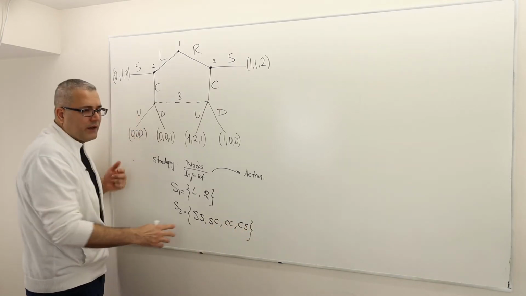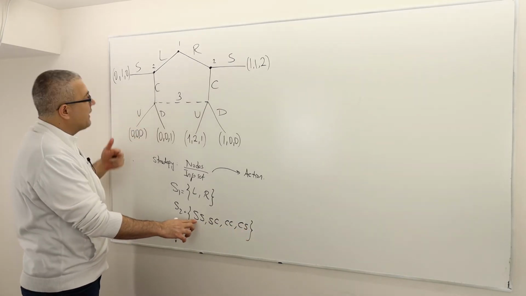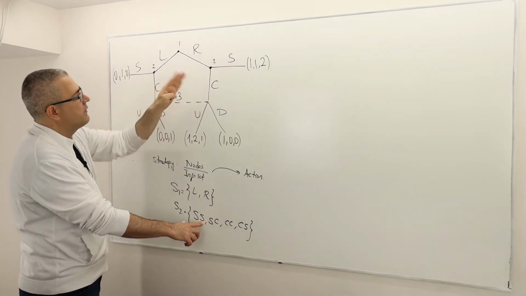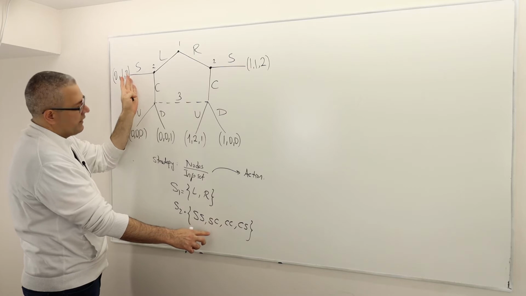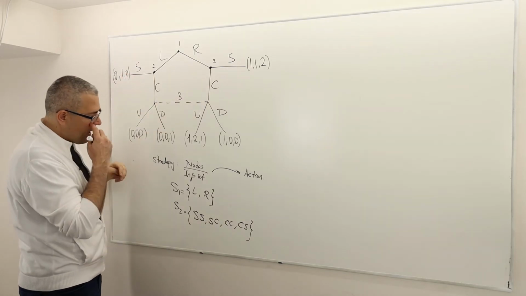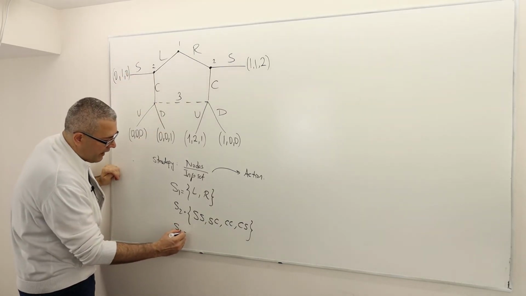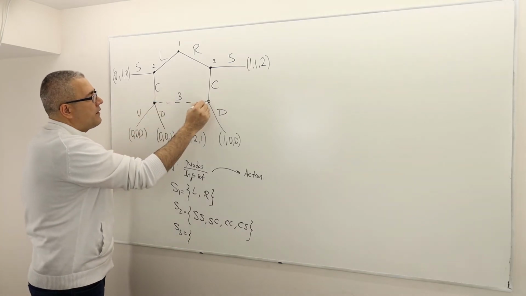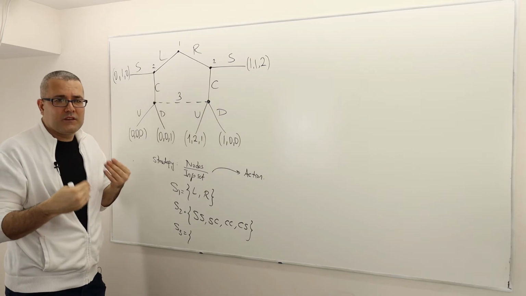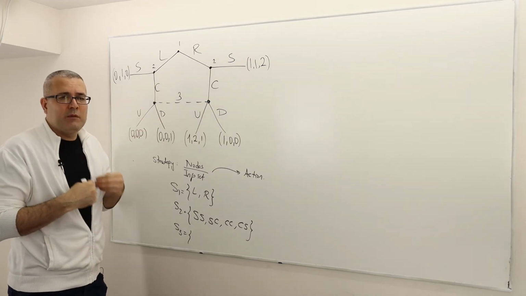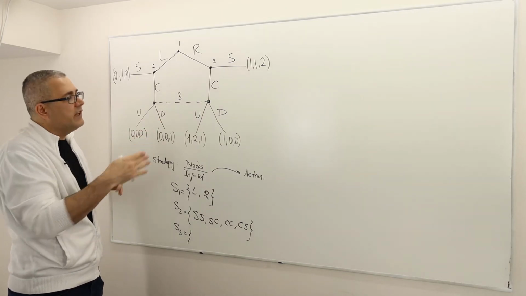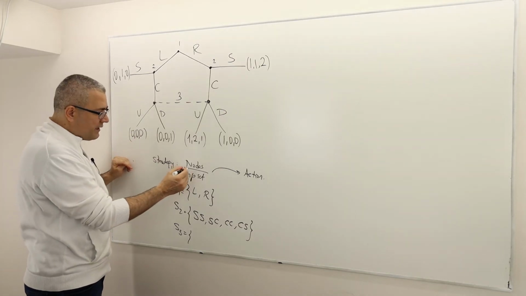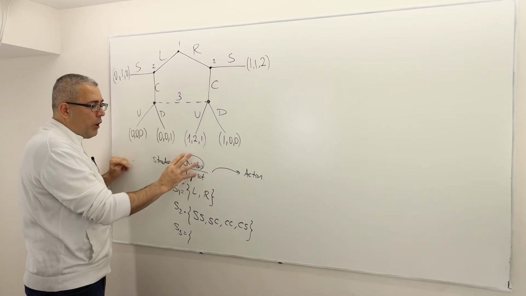Always, to me at least, the first S is the one on the left side and the second is the one on the other side. SC means basically S here, C here, etc. Finally, the third player has three decision nodes, but both of them are connected with dots. That means they are in the same info set, which means player 3 cannot distinguish these decision nodes. So remember, this time I can't say strategy is from node to action.